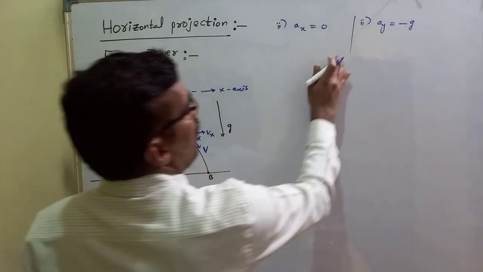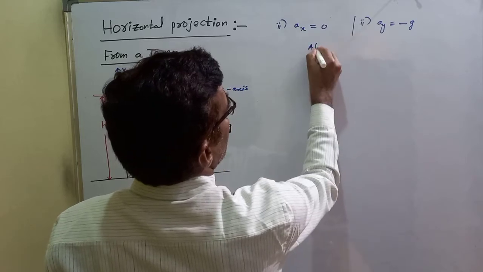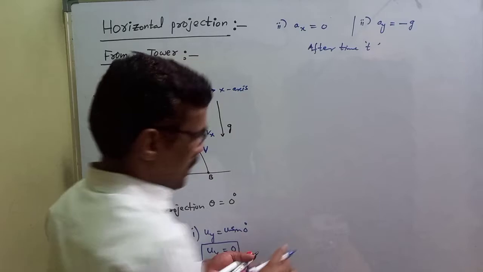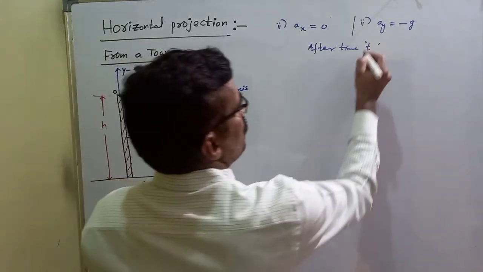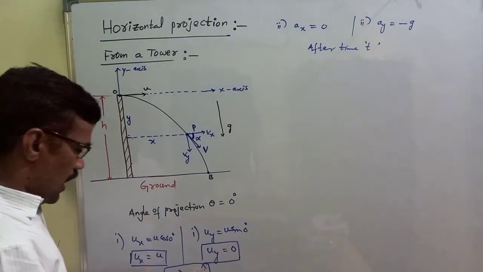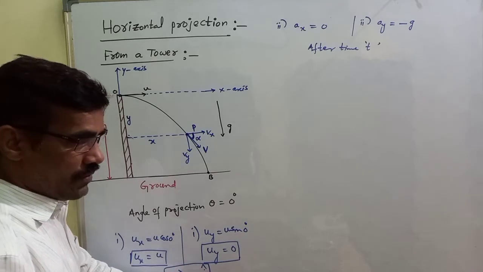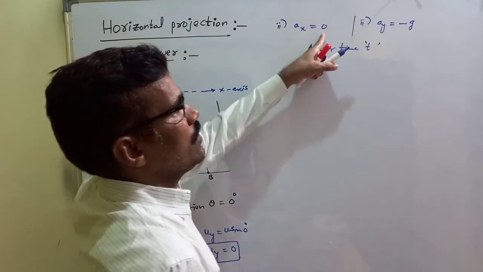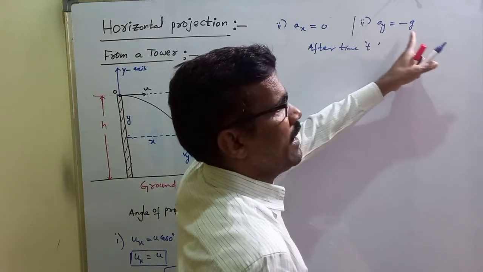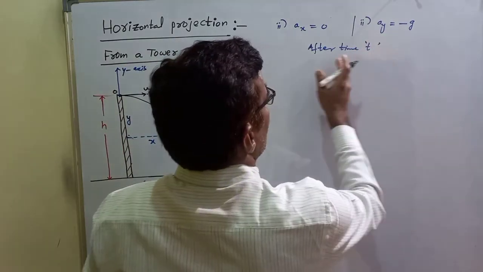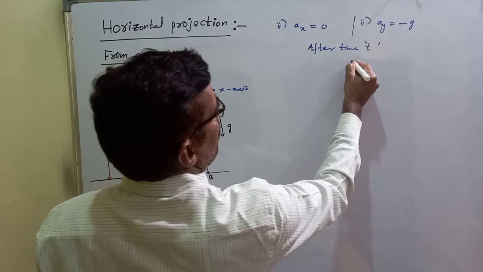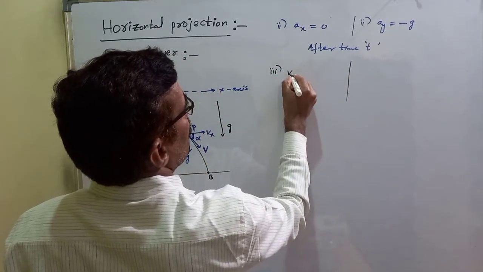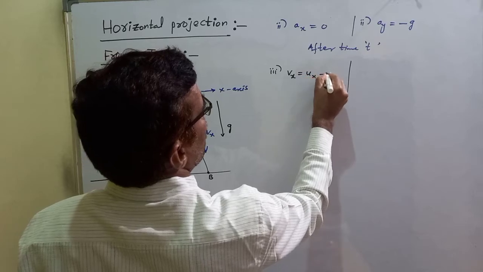Please all of you listen. After time t, this is the initial horizontal and initial vertical component of velocity. There is no force in the horizontal direction. That's why ax is 0, and ay equals minus g, as I already said. So after time t, what is the velocity in the horizontal direction? vx equals ux plus ax t.